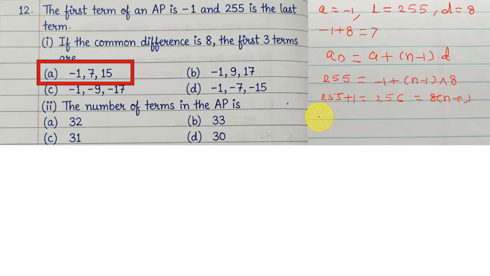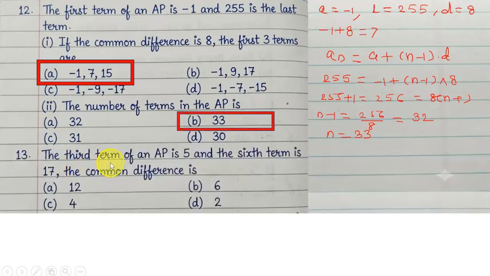If we simplify this, n minus 1 is equal to 256 upon 8, which is 32. Therefore n is equal to 32 plus 1. If we shift this minus 1 to the right hand side, we get 33. Hence the number of terms in this AP is 33. Option B is correct here.